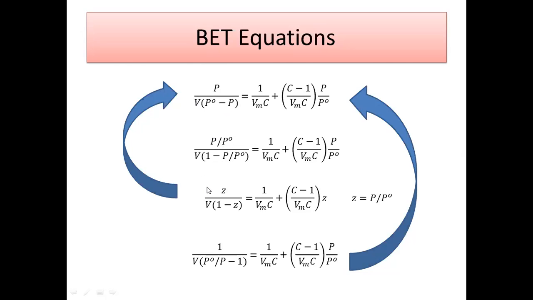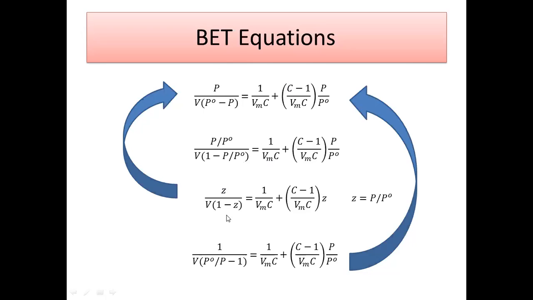There is no difference between equation 1 and 2, and this remains the same in the four equations. There is no difference with this factor and with this factor, but there is a difference in the first factor over here, that is the y-axis.